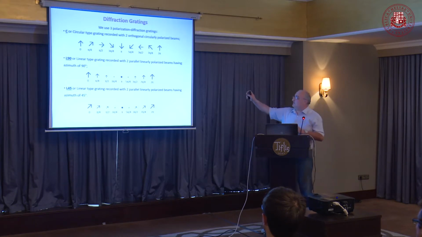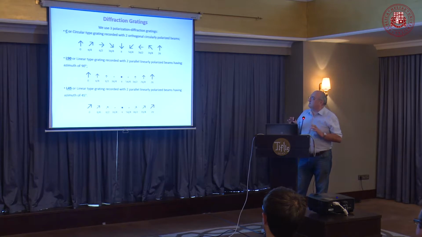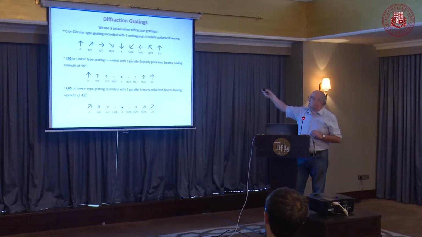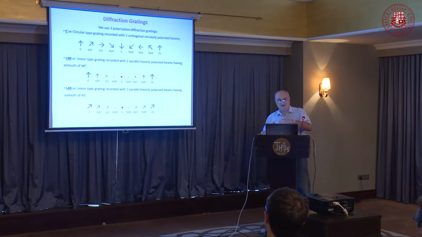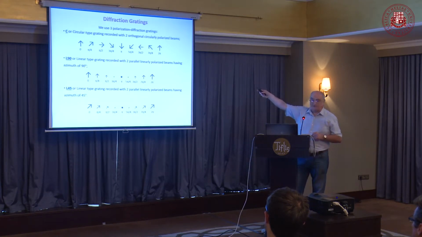About diffraction gratings, we use three polarimetric diffraction gratings. First, the C or circular type grating, recorded with two orthogonally circularly polarized beams, I mean left hand and right hand. This is the schematic view of phase differences and also the wavefront.